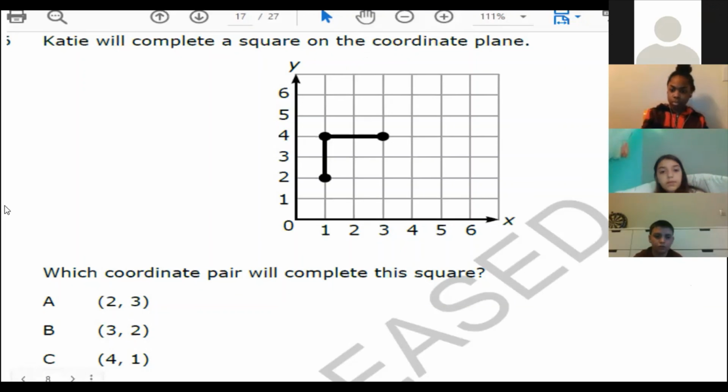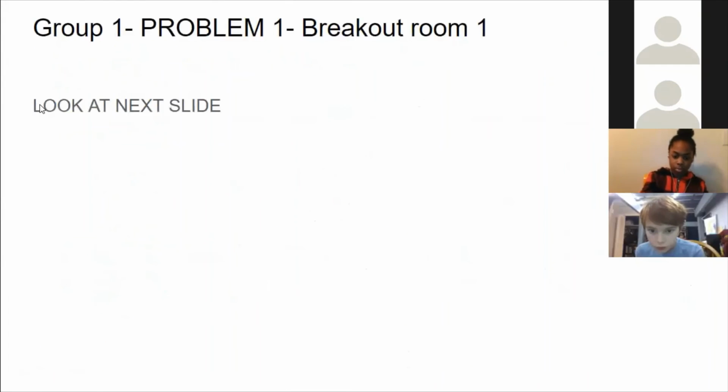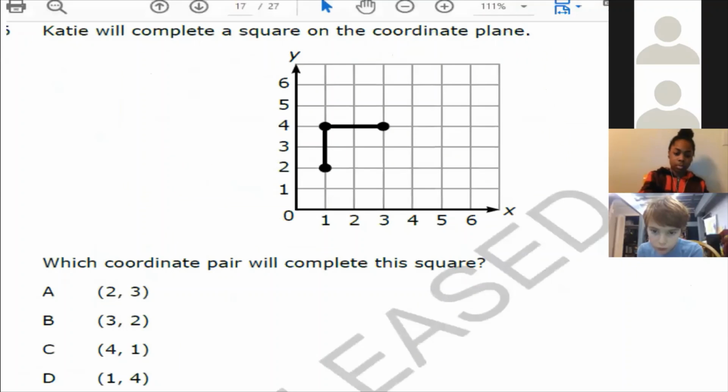I think the first question was, what operation did you use? I mean, here you didn't really have to use any operations. So what did you do? Who was the next person to share?